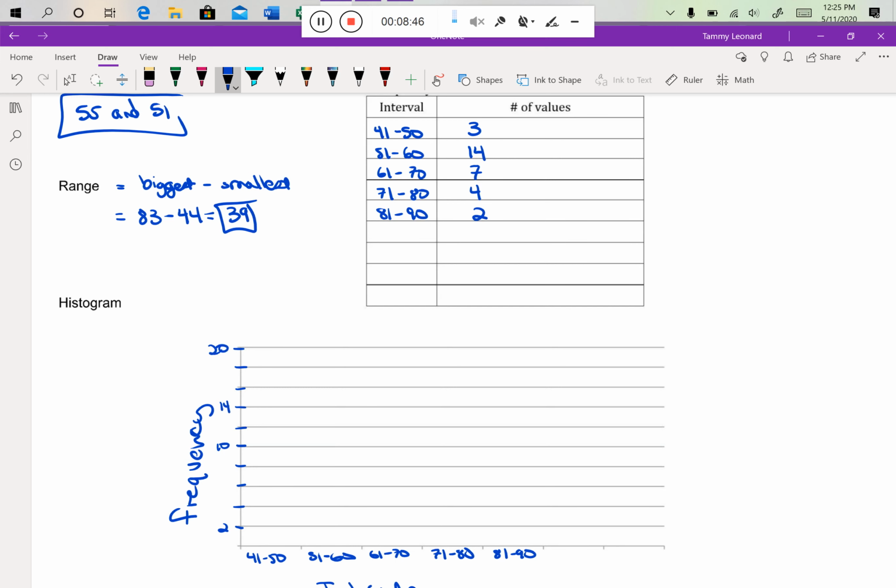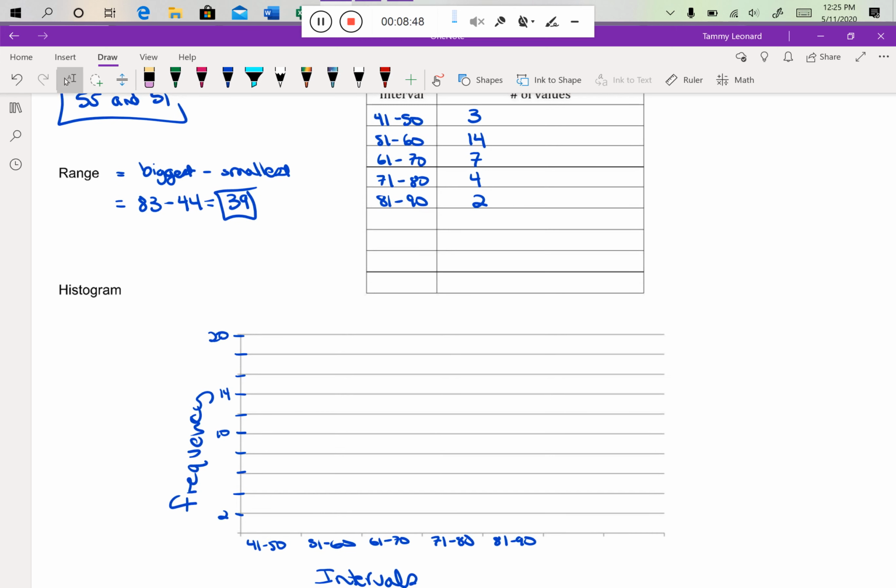And now it's just a matter of translating the table into the graphical representation of the histogram. So our first height has to be 3. Now remember, we went by 2s, so that's going to put us right in the middle. Our second one goes all the way up to 14. That's going to be our tallest bar by quite a bit.